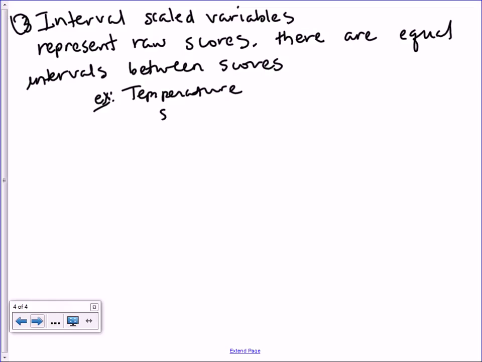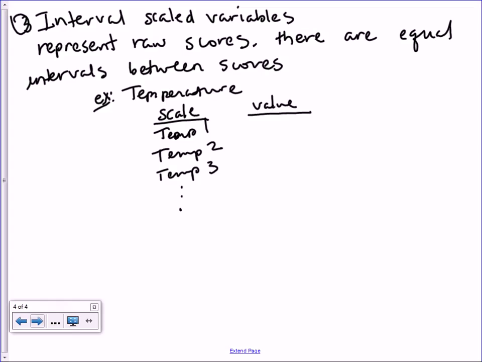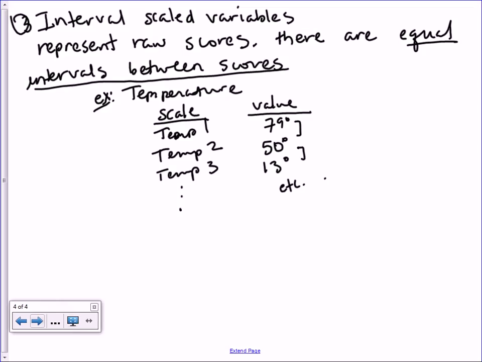And the scale is going to be, I don't know, temp 1, temp 2, temp 3, etc. Well, the value of that is temp 1 might be 79 degrees, temp 2 is 50 degrees, temp 3 is 13 degrees, etc. So when I say equal intervals between scores, it doesn't mean that the intervals between the actual values are the same.